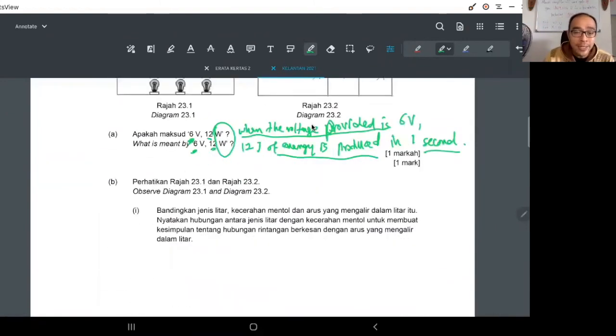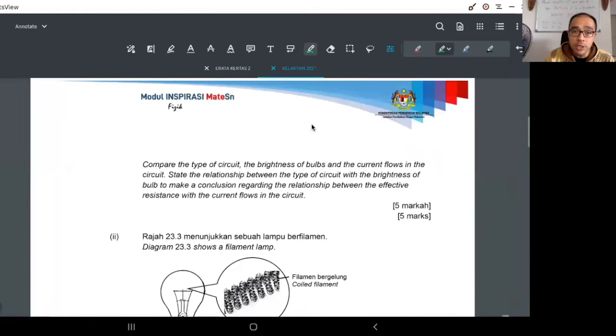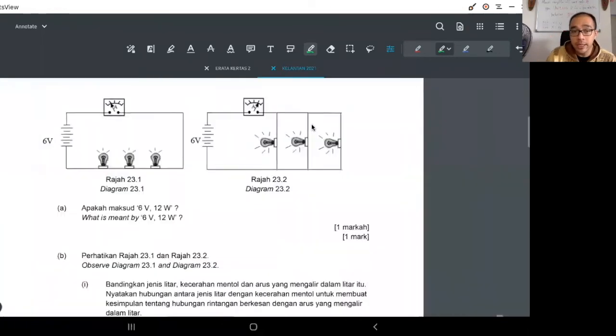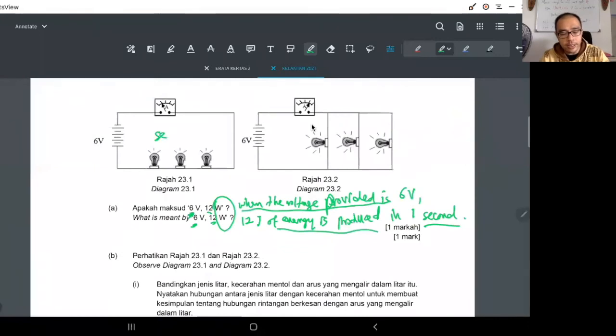Okay, this second one is a bit strange. They ask you to compare the type of the circuit. This is very obvious. This is a series circuit, and this is a parallel circuit. This kind of comparison is not about which is bigger. You just have to say that 23.1 is a series circuit, 23.2 is a parallel circuit.